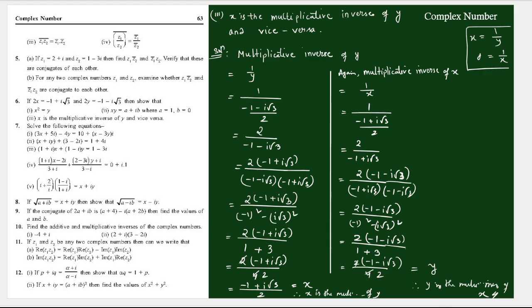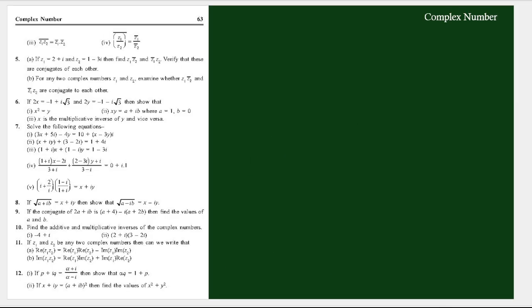So 6 is done. Now we will proceed to question number 7. We need to solve the following equation. That means we need to find x and we need to find y.